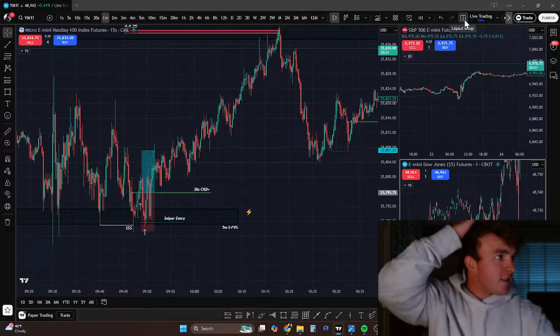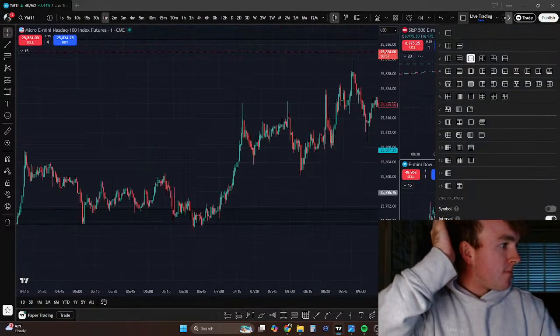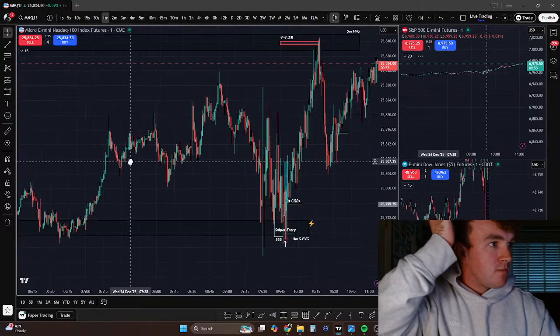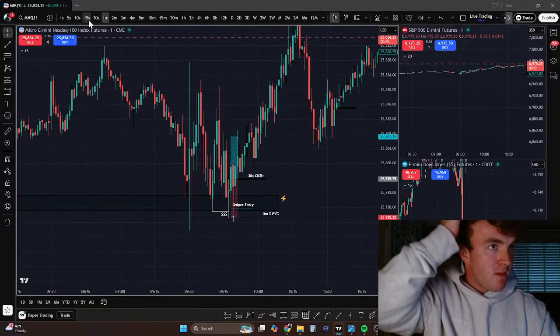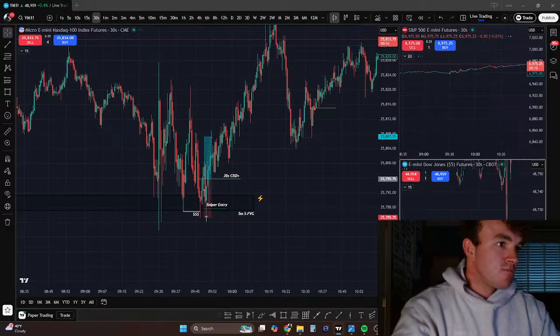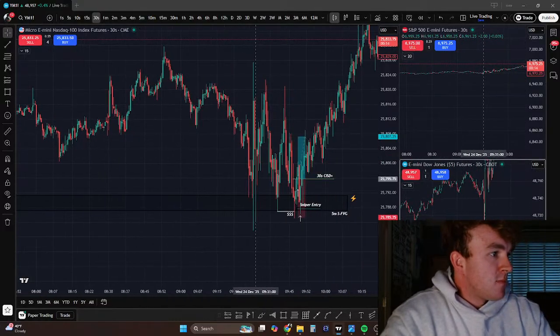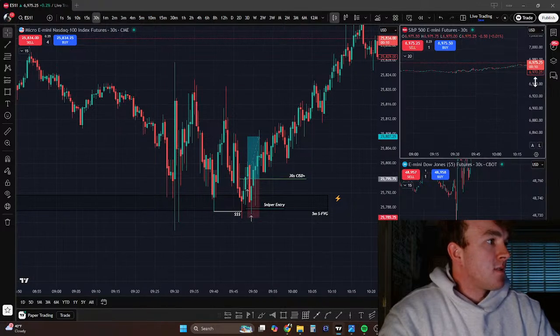Is nothing aligned? I think we had SMT with one of these lows.